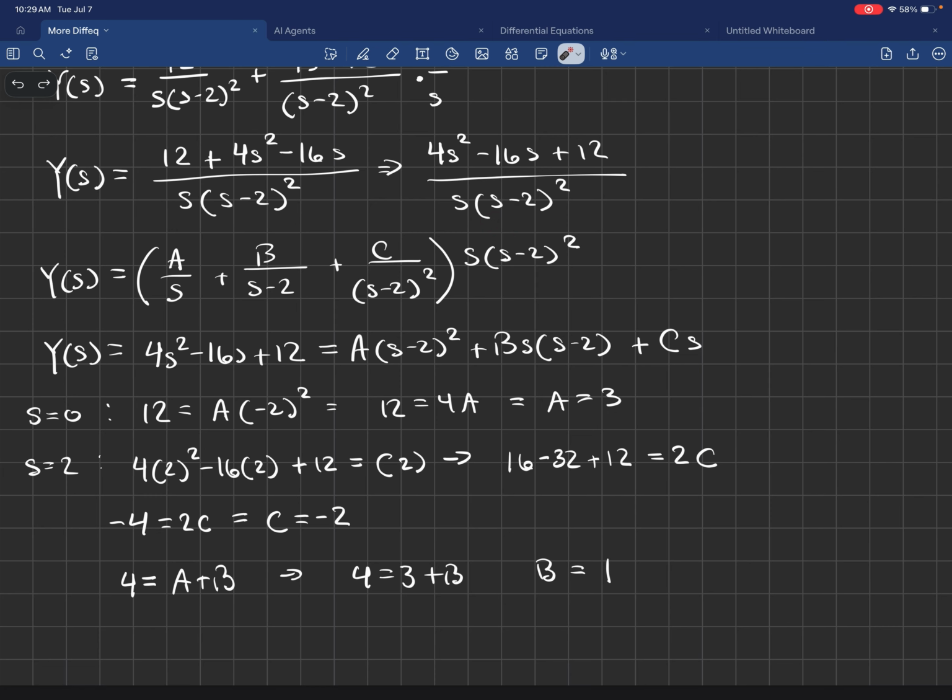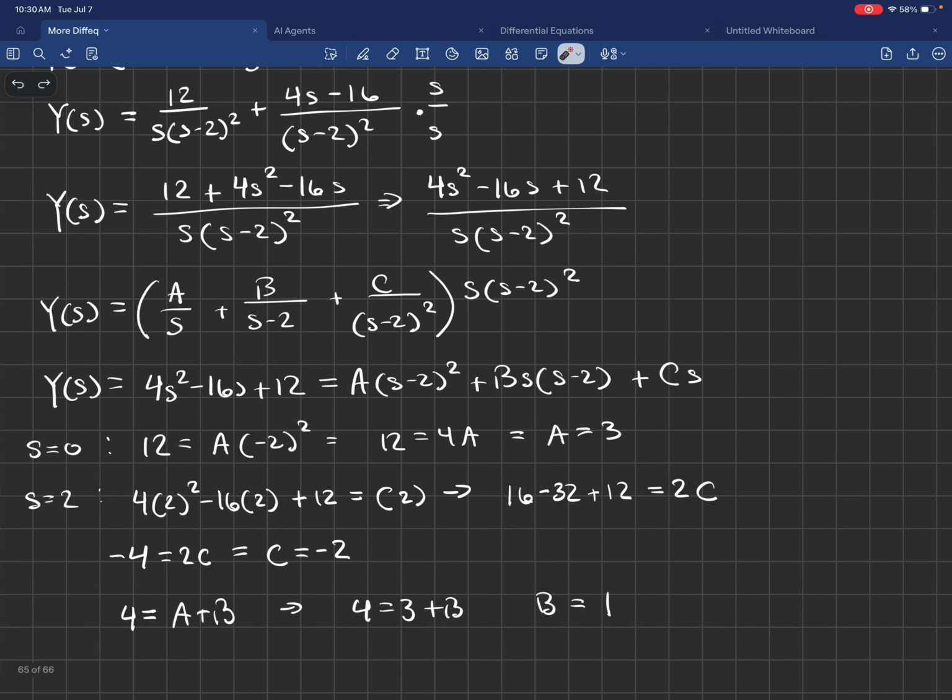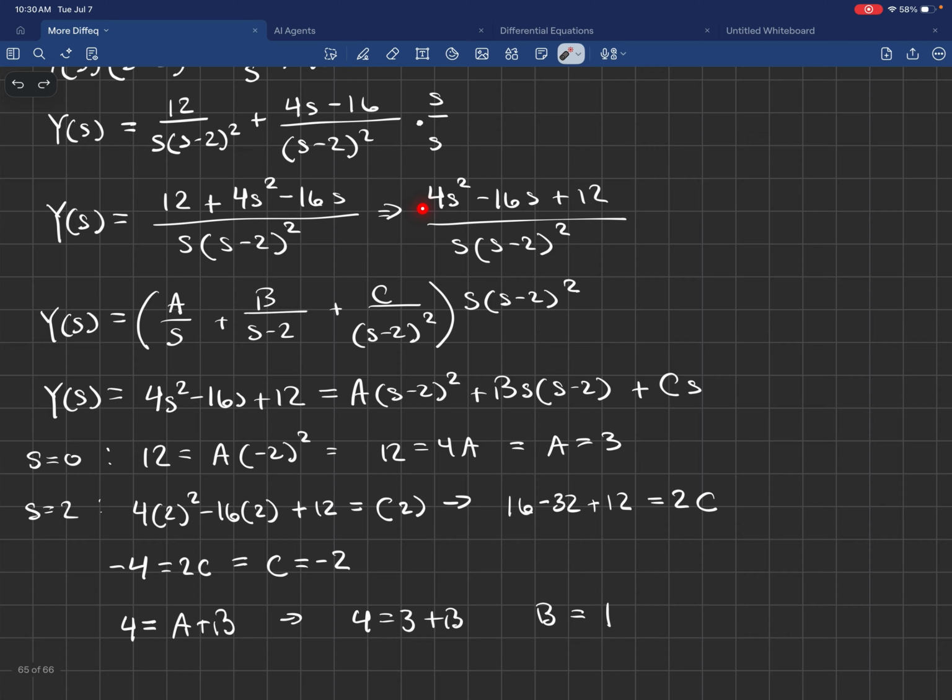Basically, you're left with whatever is in the numerator from this common denominator. For example, here we had a times (s minus 2) squared. Just for context, we're setting this numerator equal to this expression, and this math gets broken down over here.